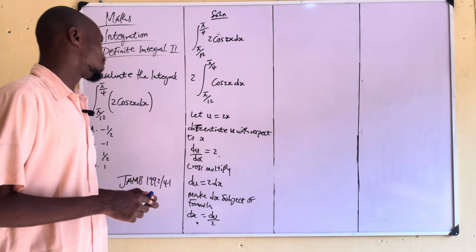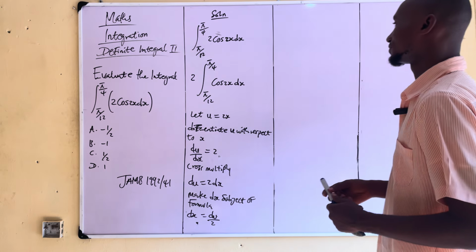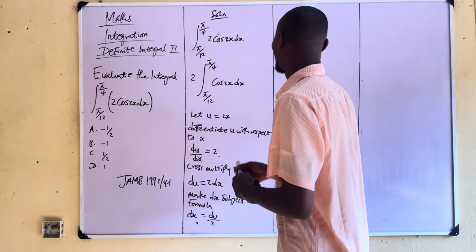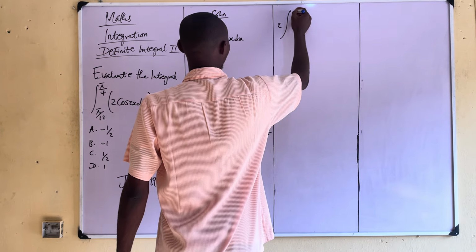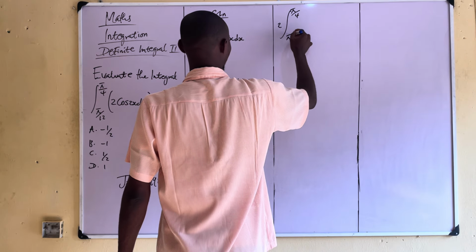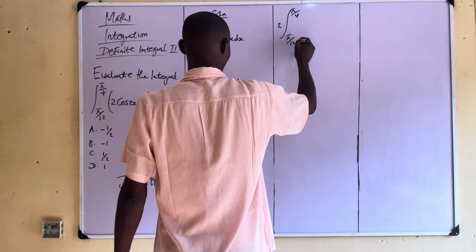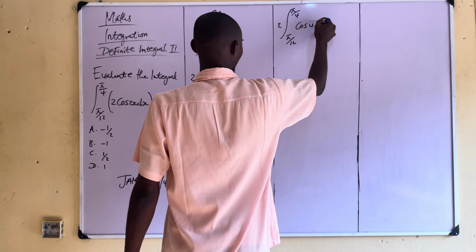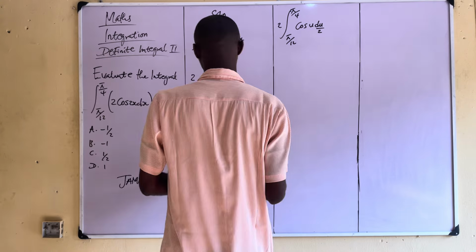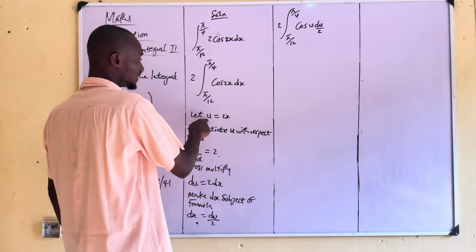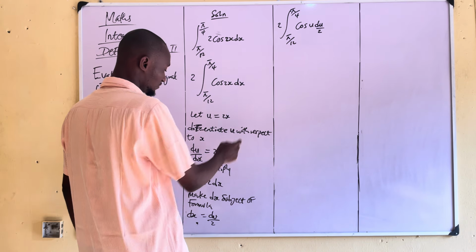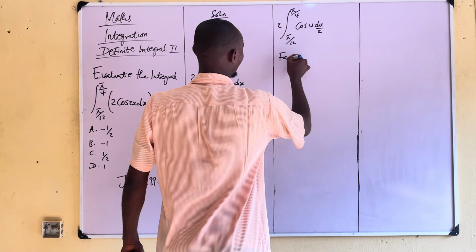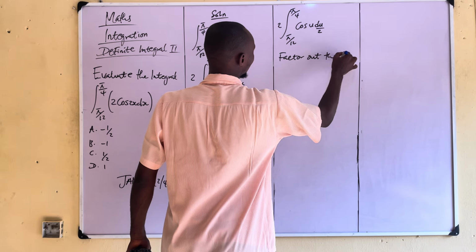Next step, substitute. So it will be 2 times the integral from pi over 12 to pi over 4 of cos u du over 2. Anywhere you see 2x, replace it with u, and anywhere you see dx, replace it with du over 2. Next step, factor out the constant.